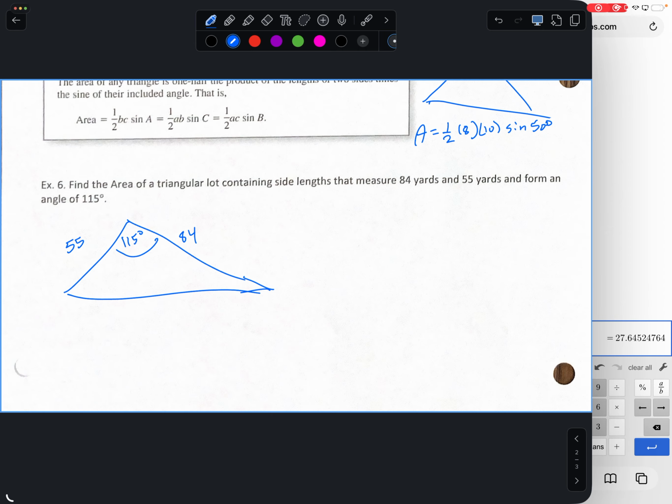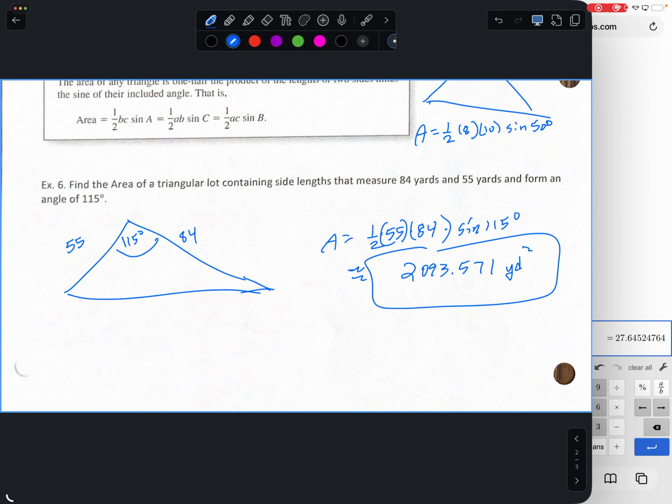But the idea is, they form that angle, so this area is 1/2 times 55 times 84, and then times the sine of 115 degrees. Just multiply that out, and to 3 decimal places, it's 1850.571. And area is in square units. So if the sides are in yards, this is square yards. That's it.